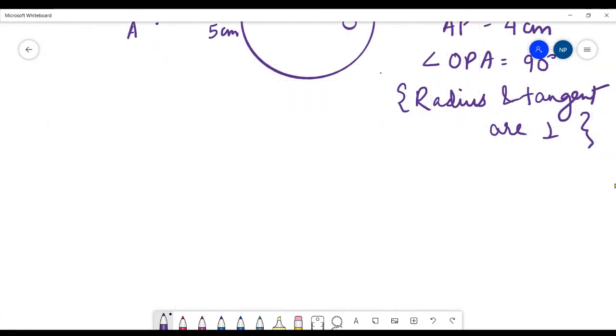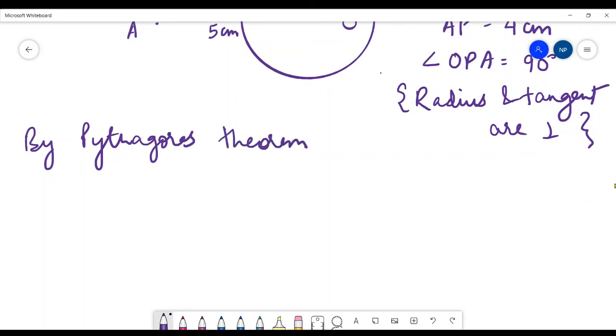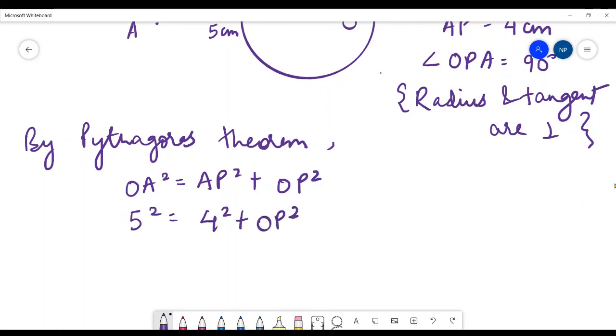By Pythagoras theorem, we will write over here OA square is equal to AP square plus OP square. So here we have 5 square is equal to 4 square plus OP square. 5 square is 25 is equal to 16 plus OP square, which implies 25 minus 16 is equal to OP square.